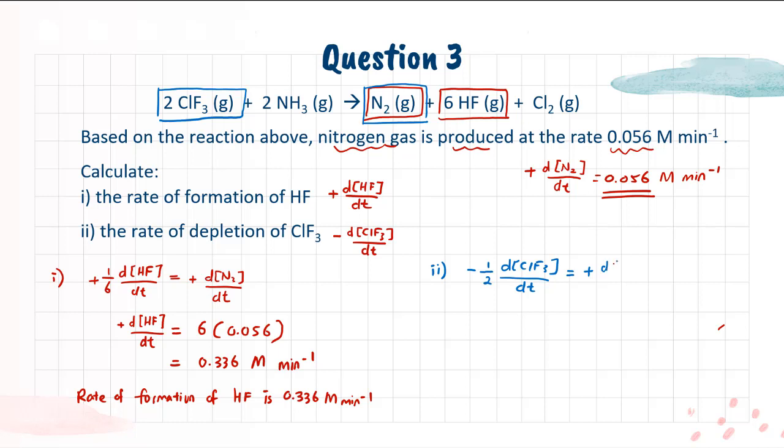To eliminate the denominator 2, negative d[ClF3]/dt becomes 2 times the rate of formation of nitrogen gas, so 2 times 0.056, and the answer equals 0.112 molar per minute.